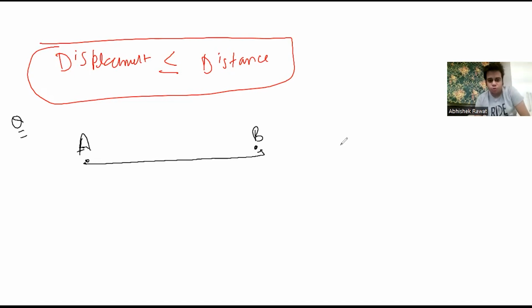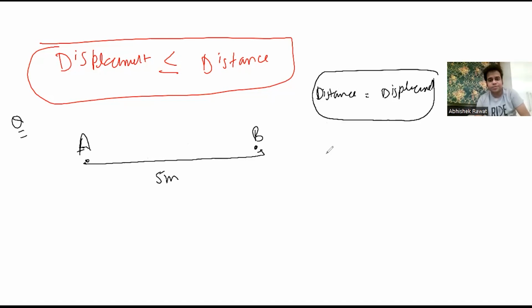If the distance traveled is 5 meter, then distance is equal to displacement. This is the case along a straight line, because the shortest path is the same as AB. So distance and displacement are equal.